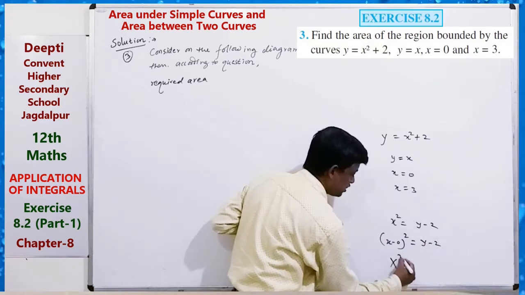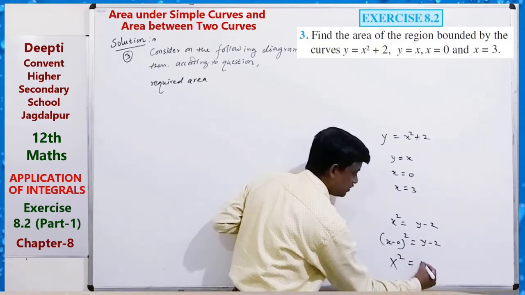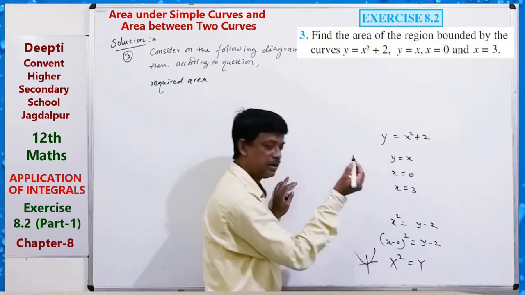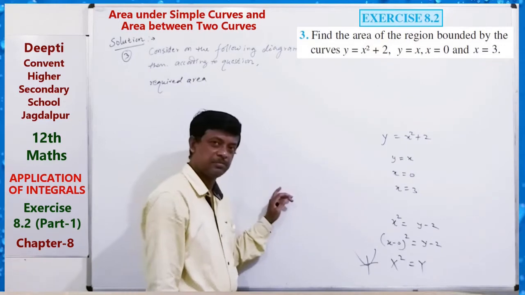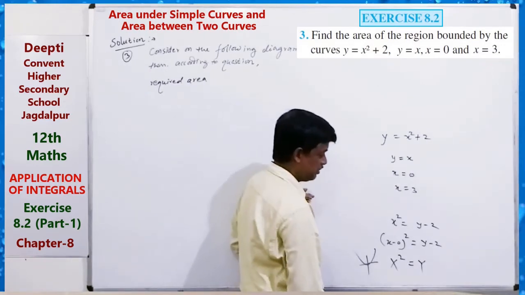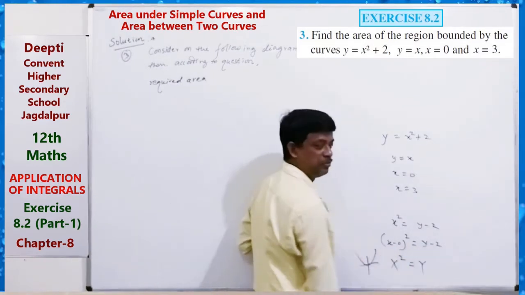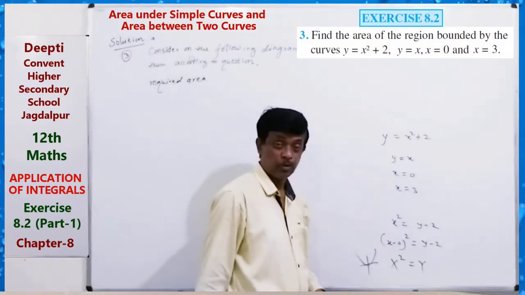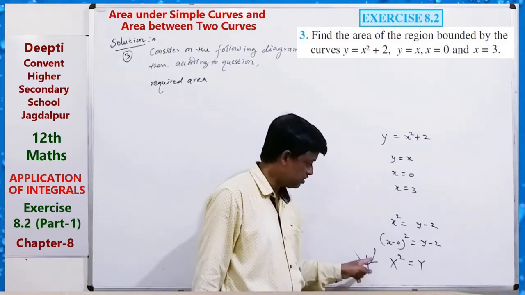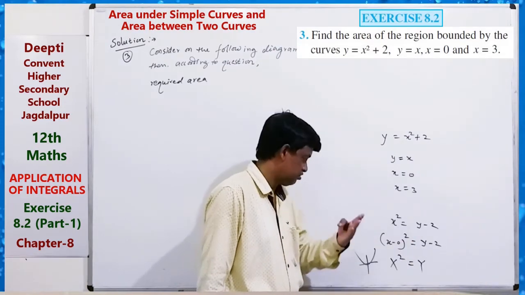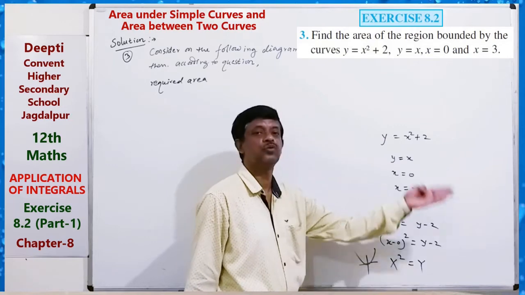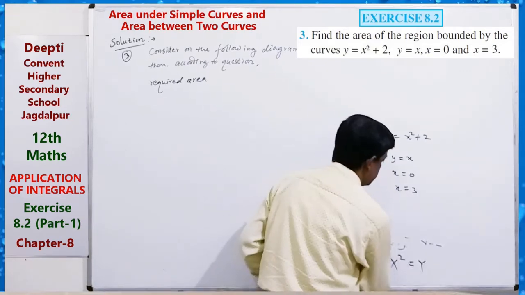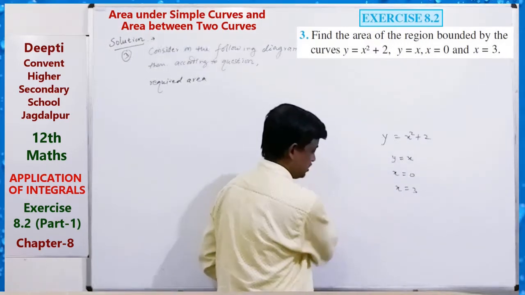That is capital X square equals y. The parabola will open upward, but the vertex will be 0, 2. Clear? So this is the parabola whose vertex is at the point 0, 2. So this parabola can be drawn like this.